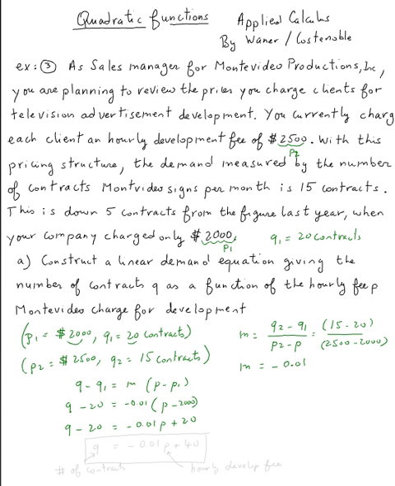Now I add 20 to both sides. I'm going to get Q equals negative 0.01P plus 40. So this is the demand equation. In other words, P is the price, the hourly development fee, and Q is the number of contracts.